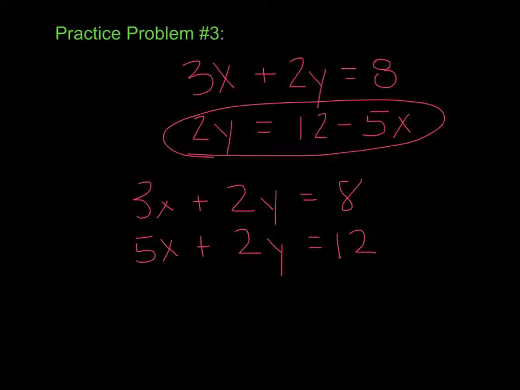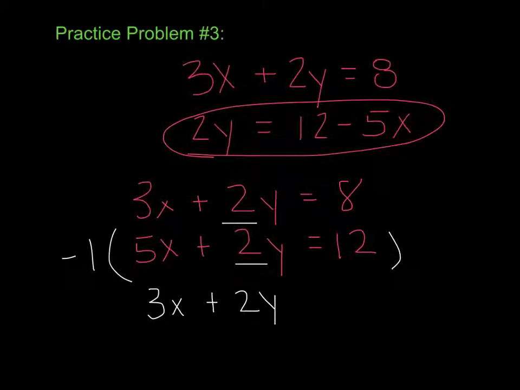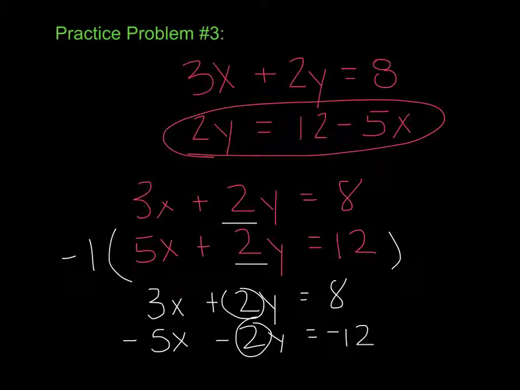Since I have a 2 and a 2, it seems as though I could just multiply by negative 1, and those would give me opposite coefficients. I would have 3x plus 2y equals 8, and negative 5x minus 2y, there's your opposites, equals negative 12.